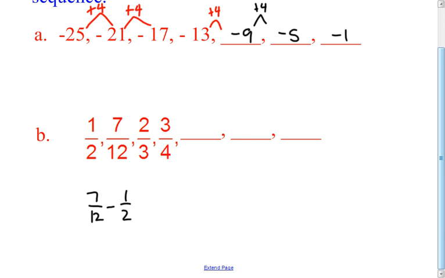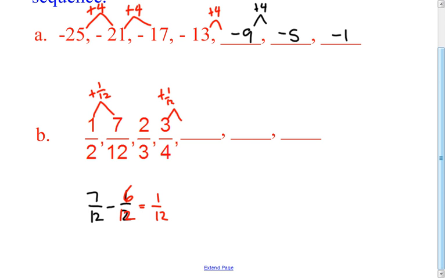Okay? If you don't have a graphing calculator, then you're going to have to do this old school by getting common denominators and changing the 1/2 to 6/12. And so 7/12 minus 6/12 is 1/12. Okay, so I am basically adding 1/12 each time. So I need to figure out what is 3/4 plus 1/12.